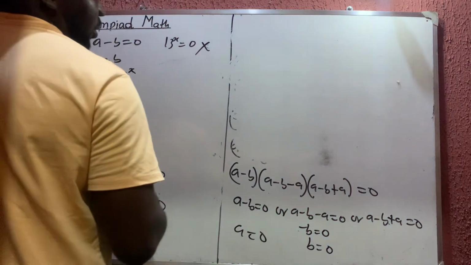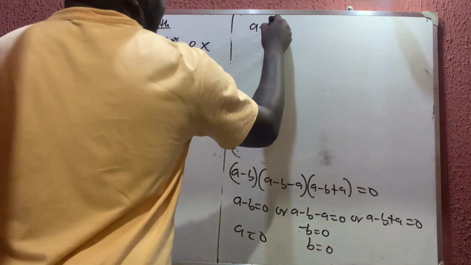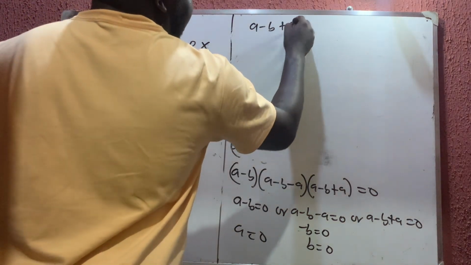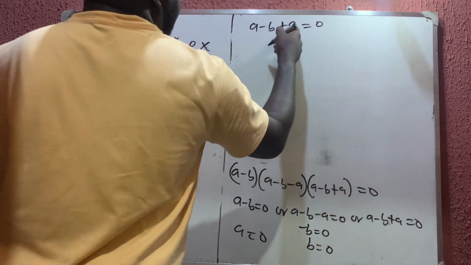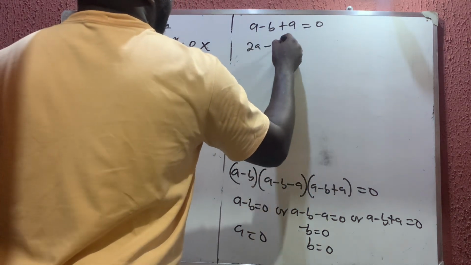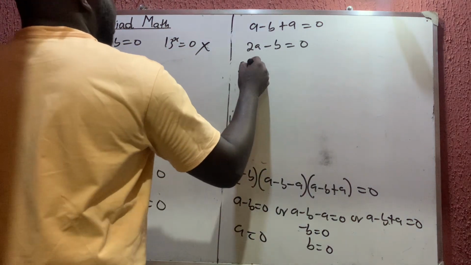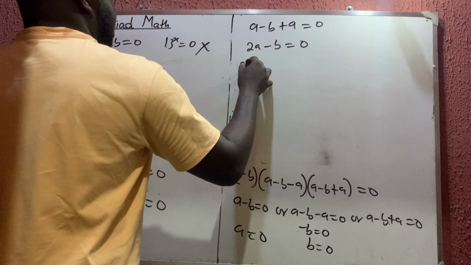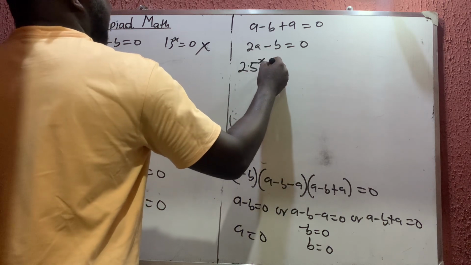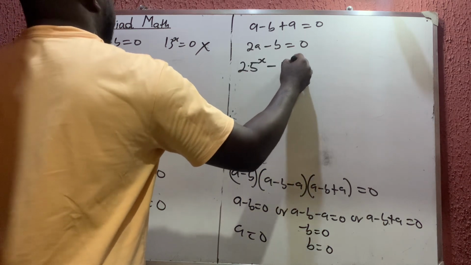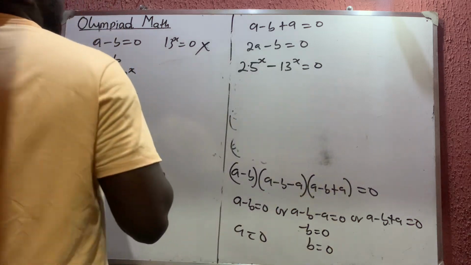Now the third condition says that a minus b plus a is equal to 0. So this and this is giving me 2a minus b is equal to 0. So let us now put it here: 2 times 5 raised to power x minus 13 raised to power x is equal to 0.